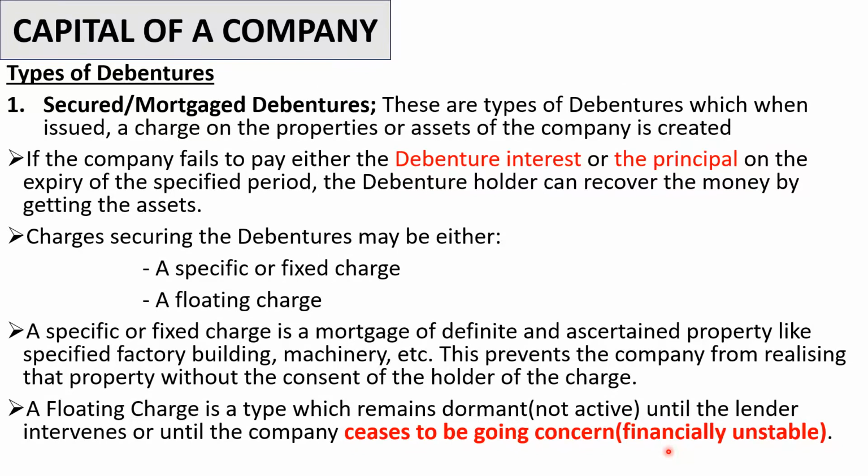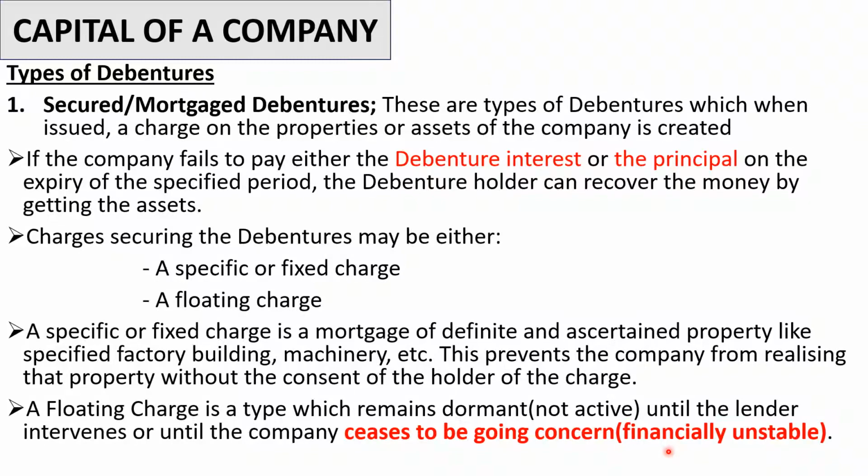For example, if we use the example of the power banks, it can be the same power banks. So the company can say, if you don't pay the loan, we're going to get the power bank. In this case, the company can be using that asset, but if the lender intervenes, then the company cannot continue using it.